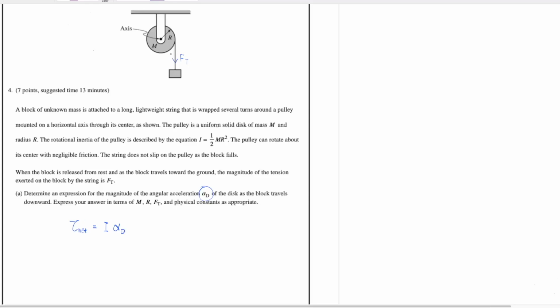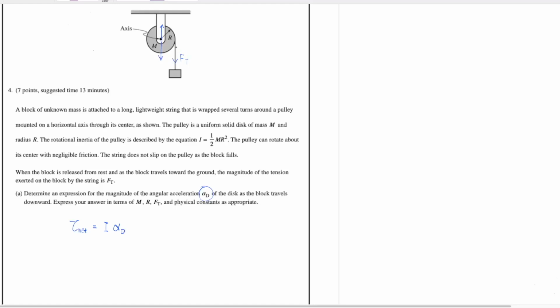So we have to look at how many forces are acting on the disk. Of course, there's a gravitational force passing through the center, and there's a supporting force by the bracket, so it's an upward force. It is also passing through the center. So these two forces pass through the axis of the pulley, so they do not create any torque for the rotation. And there's only this tension left, right?